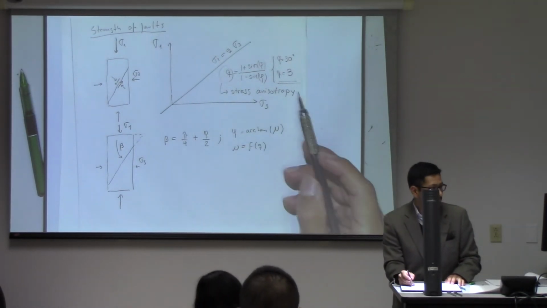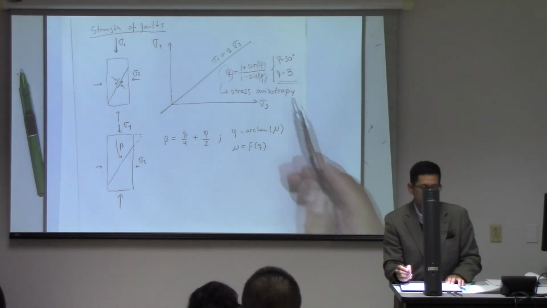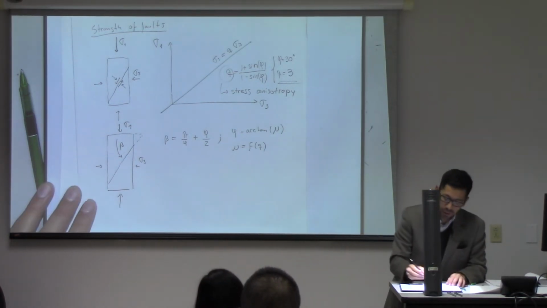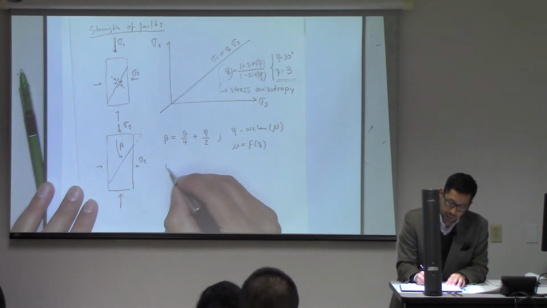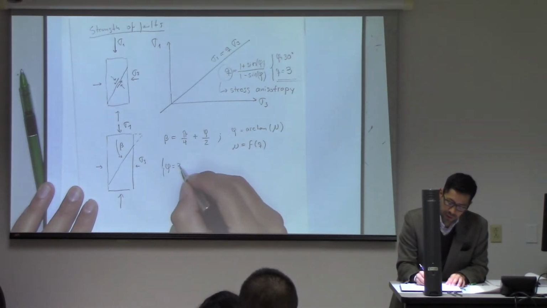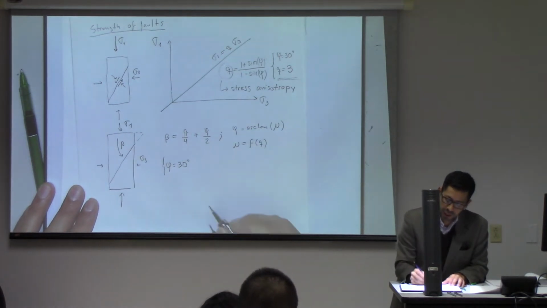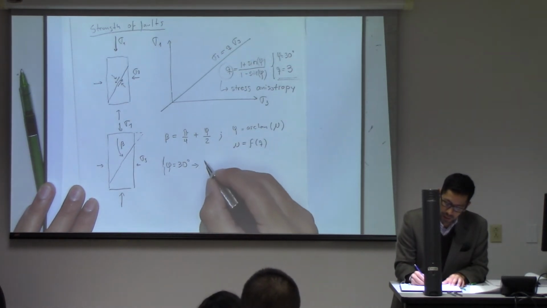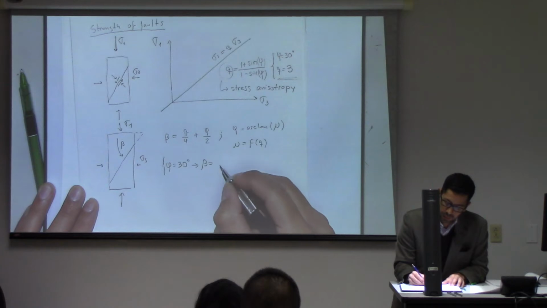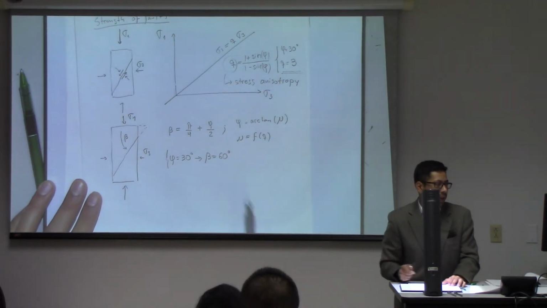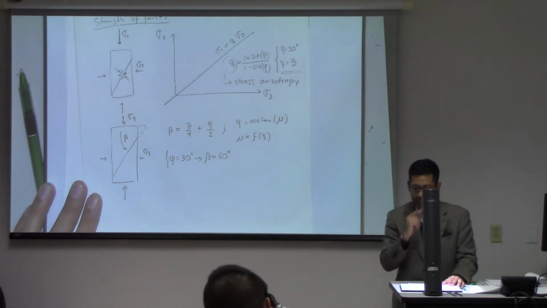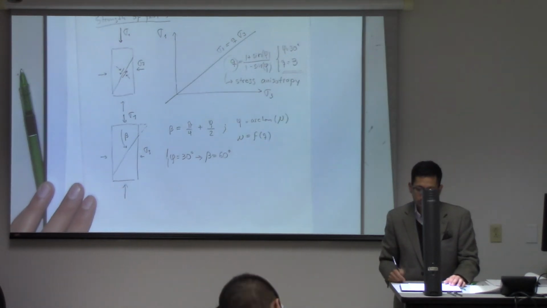And we're going to use this coefficient 3 a lot, and we're also going to use the beta that will result for 30 degrees. So if the friction angle is 30 degrees, that will result in an angle beta of 60 degrees.